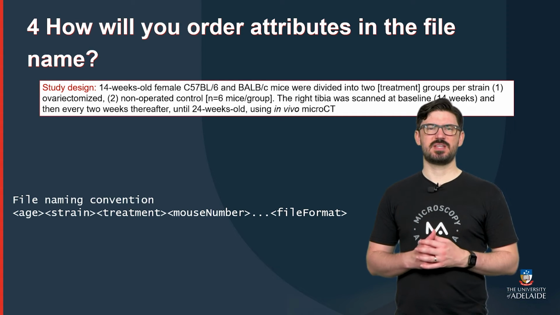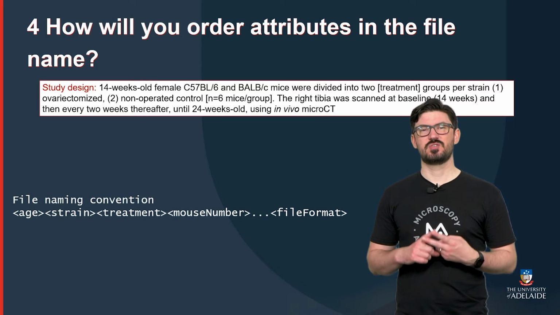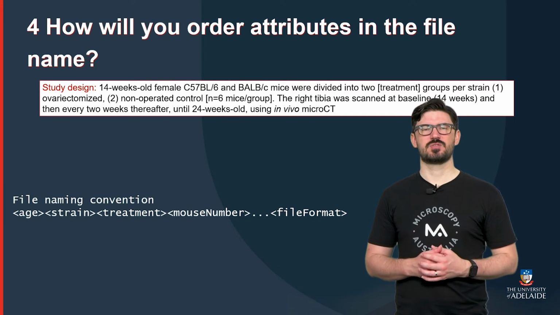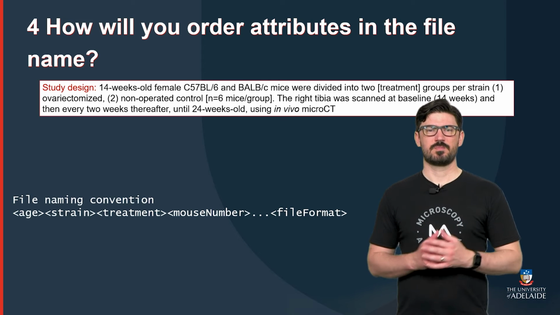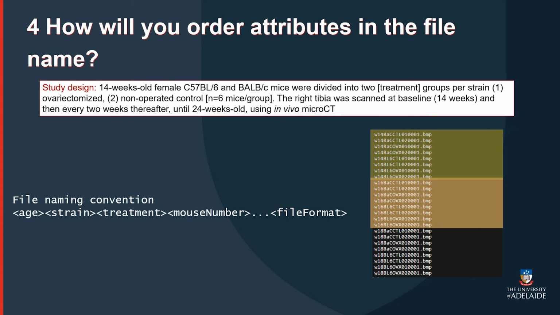So the questions you need to ask yourself are, what files or what information do you want to see first? And how do you want your image files to be grouped? So in using my default attribute order, it meant that images were grouped together by the mouse age. All 14 weeks old images appeared together, then all 16 weeks old images, and so on.